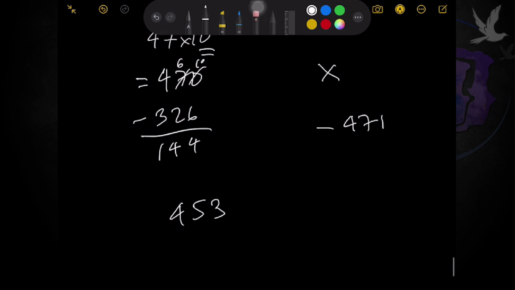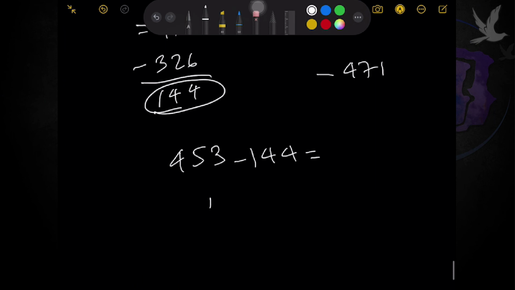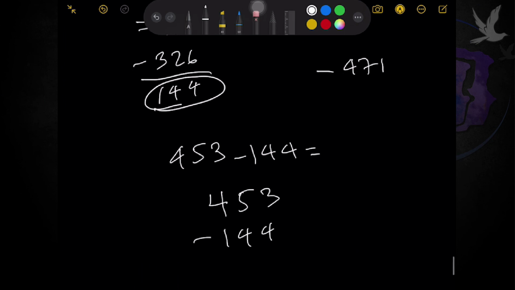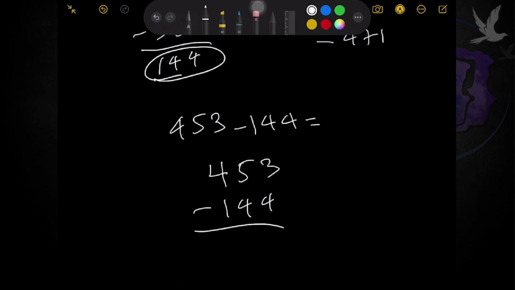So out of 453, you still have 144 red there. So we are going to remove 144 red pens so that obviously what's left is already blue pens. 309 na lang ang naiwan sa blue pens.